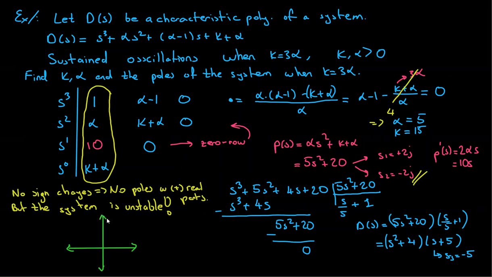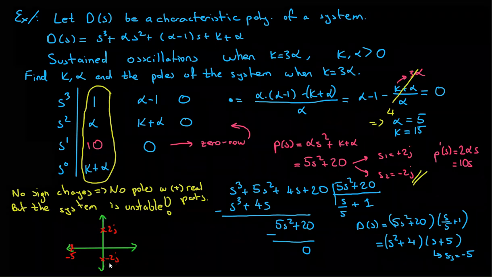This is the imaginary axis, this is the real axis, and we have the pole locations: this is 2j, this is minus 2j, and this is minus 5. Okay, and because of the poles on the imaginary axis, the system is unstable.